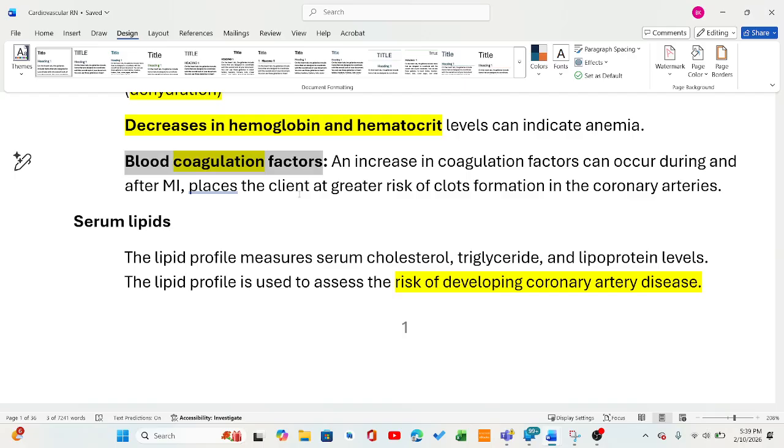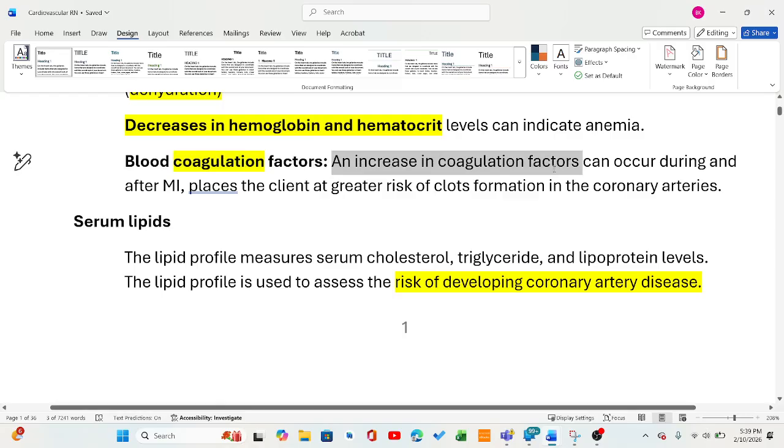In this case, we want to know if the person's blood clots to stop the bleeding. So if the coagulation factors are released, there's one thing you also have to know. These are factors that will help the blood clot. So whenever they are being released, this person is also at risk of getting a blood clot.